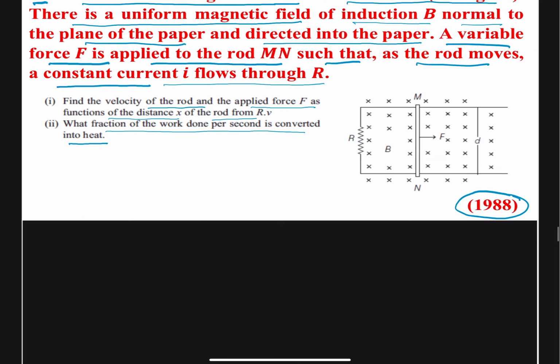So we are given this circuit, we have a rod MN which is free to slide, and a force is applied to the right side. So it is moving with the velocity v towards the right, and we have magnetic field which is into the paper, and the loop is connected to the resistance R.